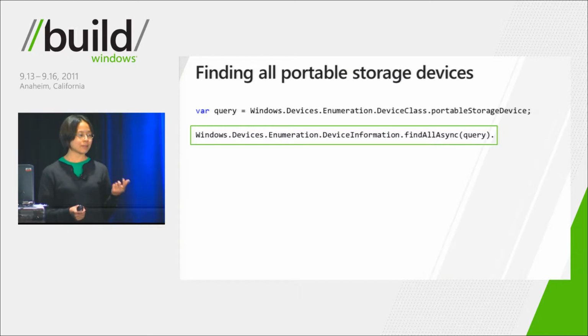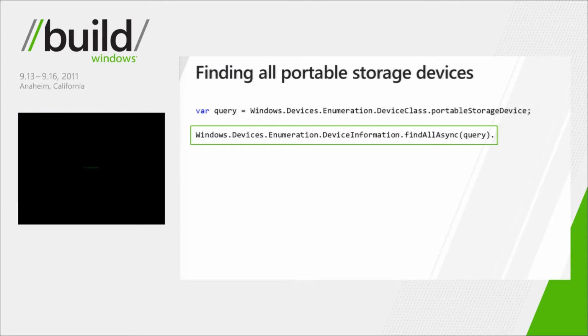Basically, that method, findAllAsync, takes the query and gives you an array of devices found. It's an asynchronous query, so we're going to use the promises syntax, which allows us to pass in a completed function. Right now, we chose to use an anonymous function because it's simpler.